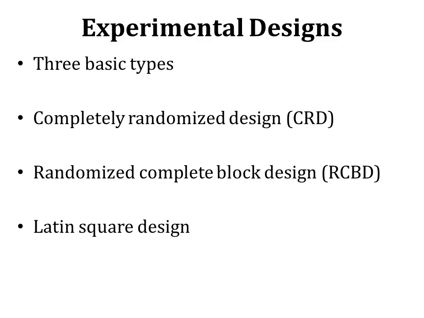The third type is the Latin square design, and it doesn't have randomization as such, and we are going to see the details in the respective lecture. So these are the three basic types of experimental designs that are used in field research, in biology, and in medical sciences.